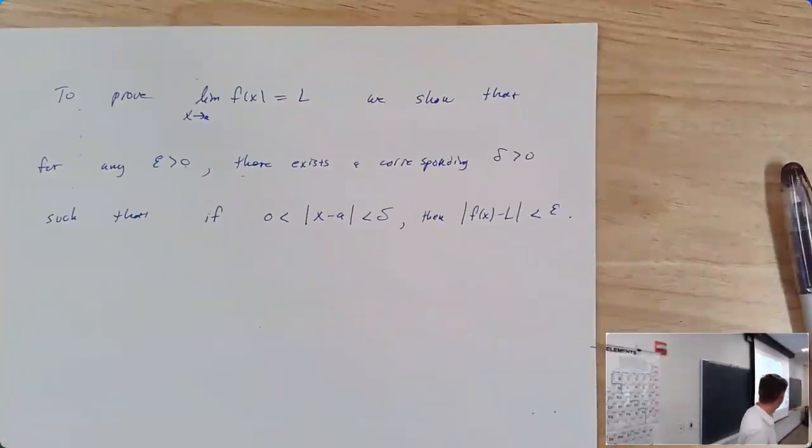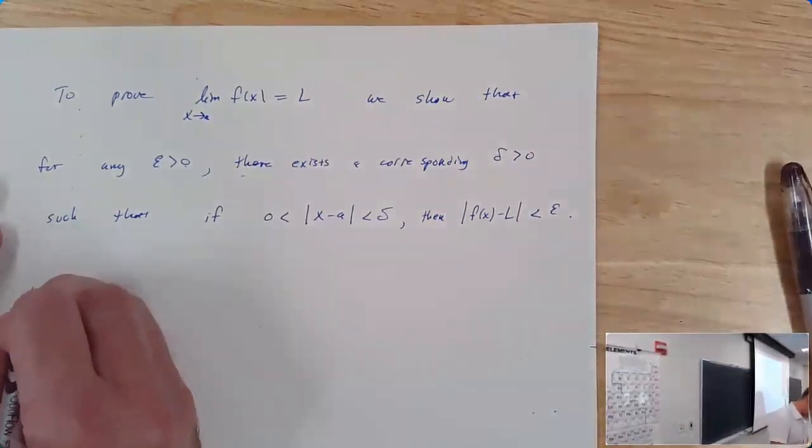Is it incorrect to write the x approaching whatever next to the limit, or does it always have to be under? When you say next to, what do you mean by next to? Can we write it like this?